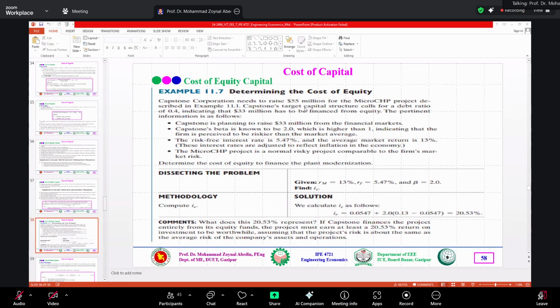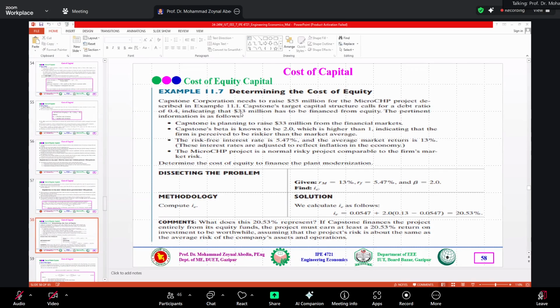Capstone Corporation needs to raise $55 million for the micro CSP project described in example 11.1. Capstone's target capital structure calls for a debt ratio of 0.4, indicating that 33 million dollars has to be financed from equity.